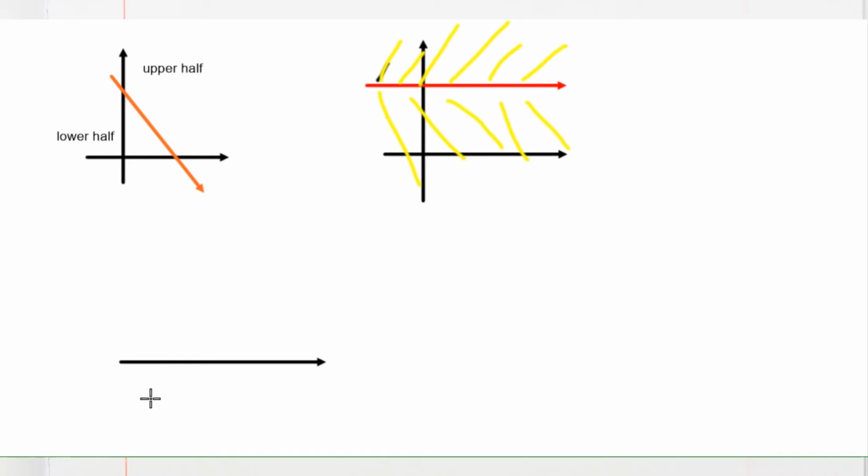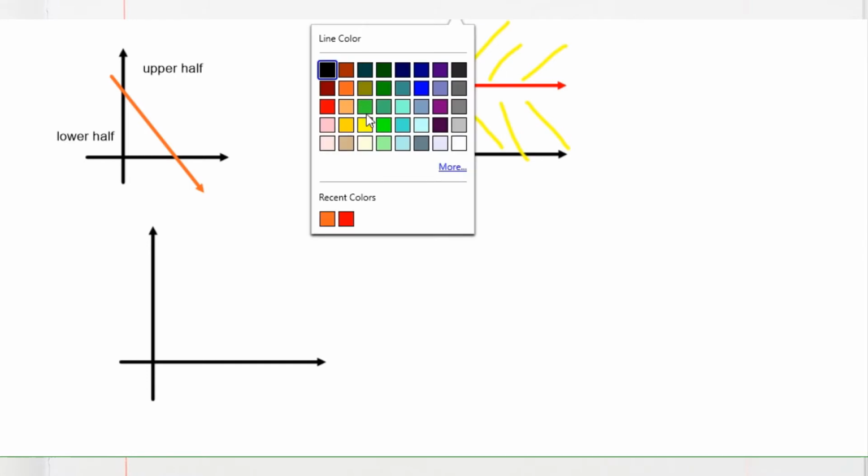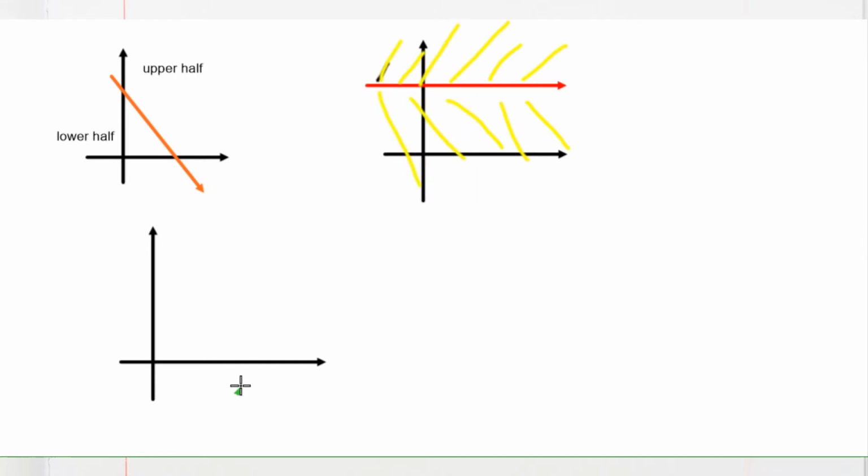This is x-axis, suppose this is y-axis, and suppose this line is parallel to y-axis and cutting x-axis at some point. So this also divides the Cartesian plane into two parts. First part we can say right half, isn't it? This region, and another one will be this complete region.